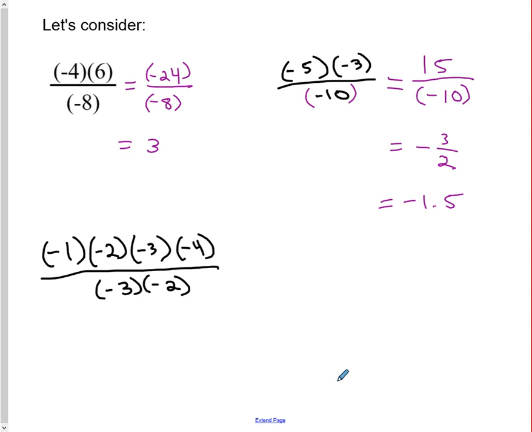I'll give you 20 seconds to type that into the chat box. Okay, go ahead and hit enter. Everybody hit enter right now, please.